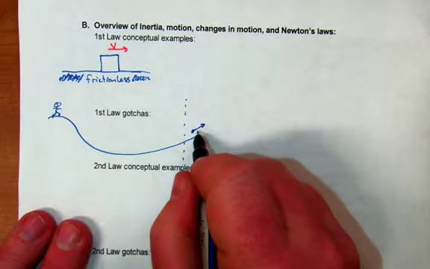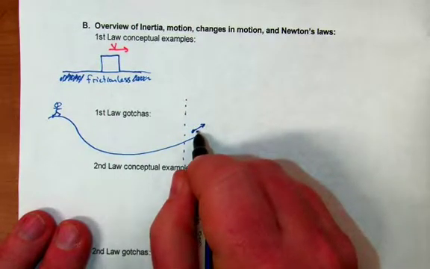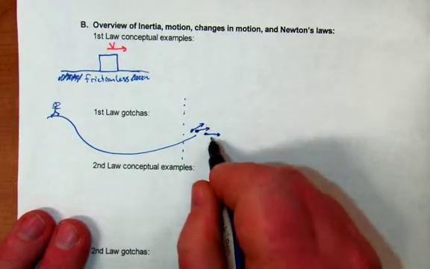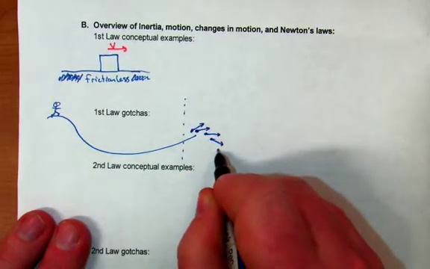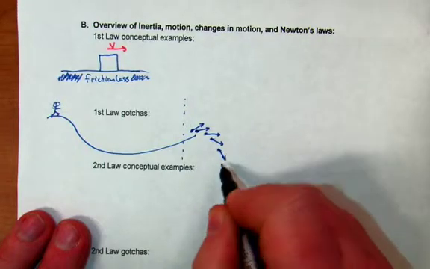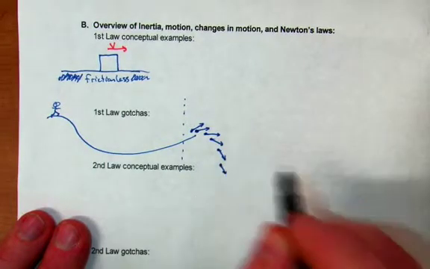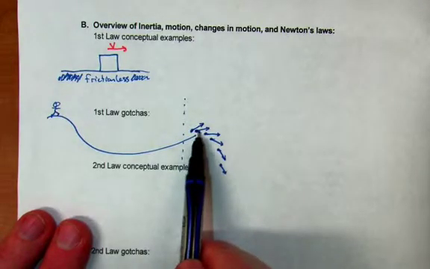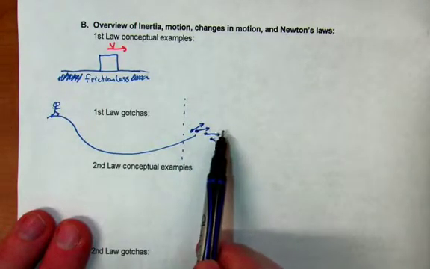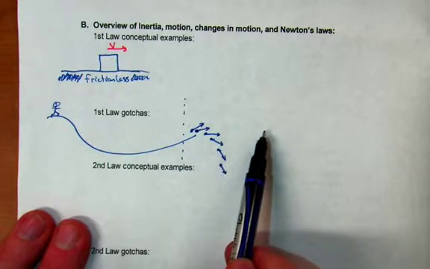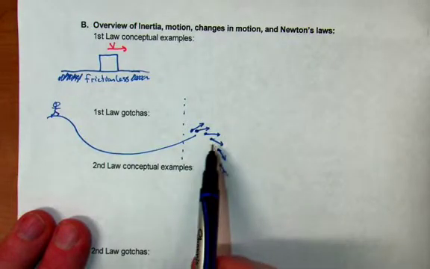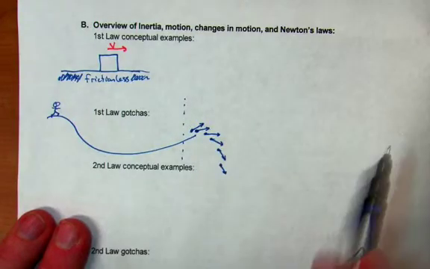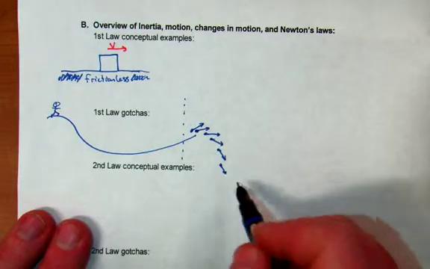But on Earth, he will move with a constantly changing vector that is constantly changing towards the direction of the net force, which in this case is provided by his weight. His horizontal component of this vector won't change. He'll keep moving to the right with a constant velocity in the x dimension, but he'll be adding velocity in the negative y, or downward, direction. So he'll speed up until he hits the ground.